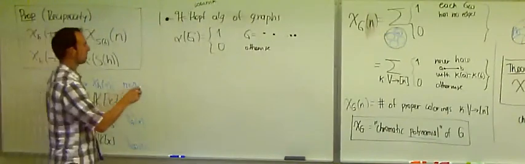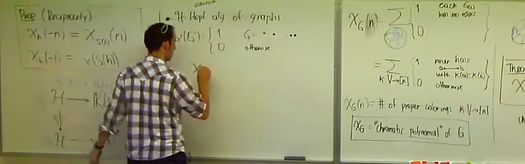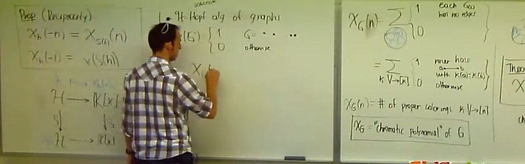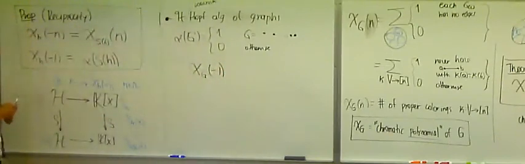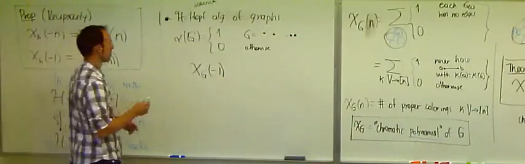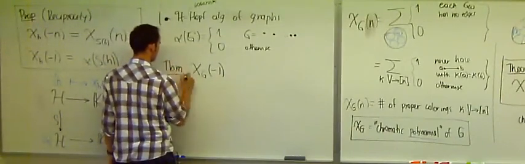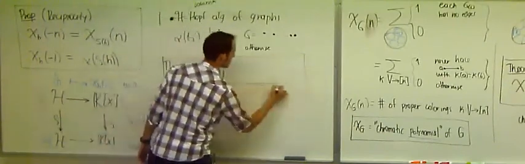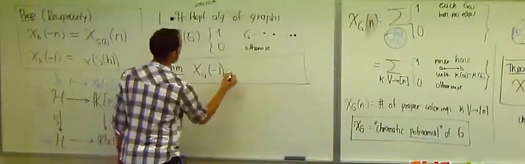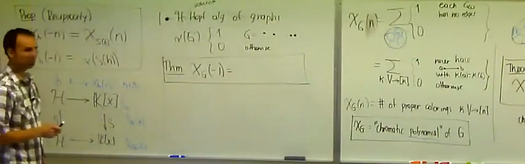I want to know what I get when I evaluate chi at minus 1. I'm going to prove a theorem. This is equal to something. Okay? And let's just write the proof, and then we'll figure out what the theorem is.